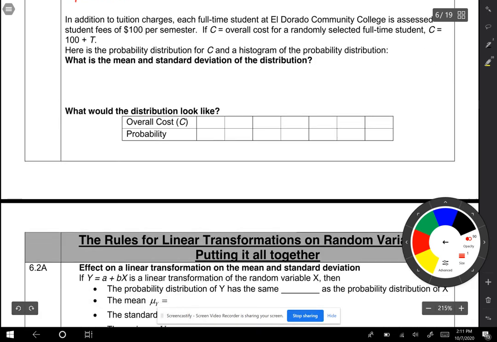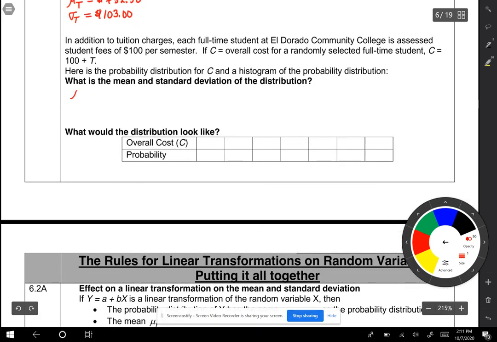The mean of C is equal to the mean of the tuition plus the additional 100 in fees. So that would be 732.5 plus 100. The mean of C is equal to $832.50. The standard deviation of C is unaffected by the adding of 100.